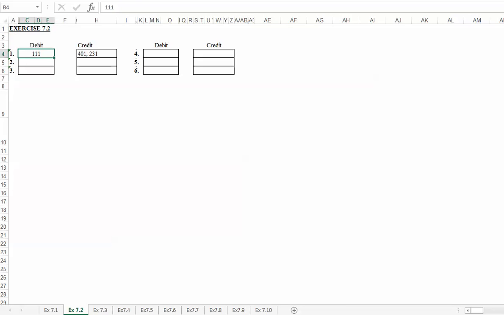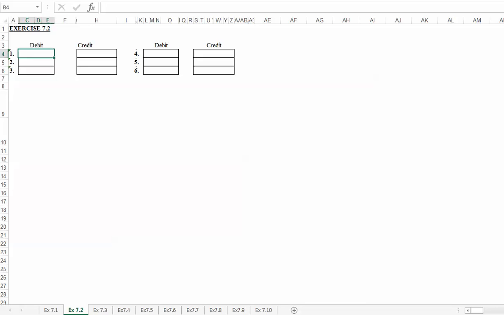So, in fact, I'm just going to delete those, and we'll look at the transaction on May 1st. On May 1st, we sold merchandise on credit, and the transaction did involve sales tax. If we just use the general journal, we would have the same answer as if we used the sales journal.